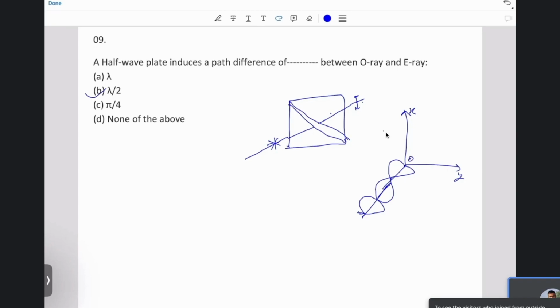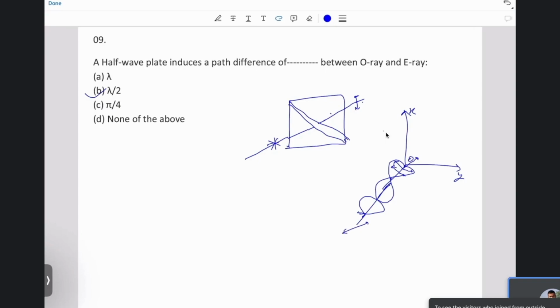The electric field vector is 0 because both are 0, right? At some other places, one electric field vector is like this, another one is like this, right? And since they are at 90 degrees to each other, the resultant will be at 45 degrees, right? This will happen for all the other places. So with these two linearly polarized lights, you will again get a linearly polarized light at 45 degrees.